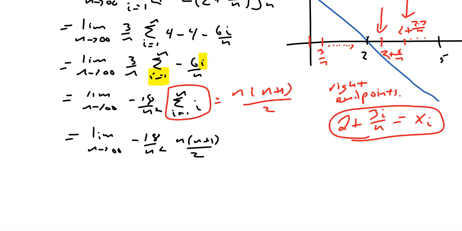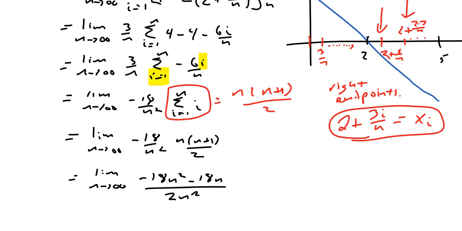Now, going back to our limit rules, let me make it a little bit more obvious. If I multiply this stuff out, we get negative 18n squared minus 18n over 2n squared.